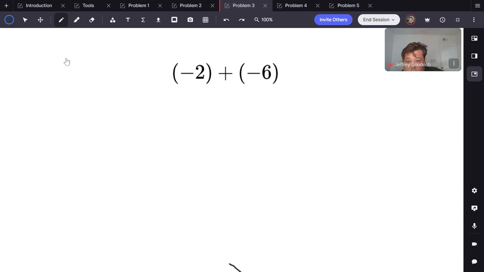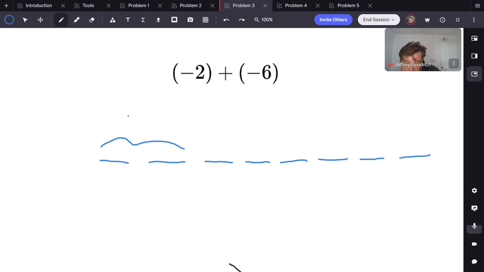We're going to write one, two negatives, and now we're going to add six more negatives to that. So you got one, two, three, four, five, six more negatives. So this is the two negatives, that's like -2, and this is -6.